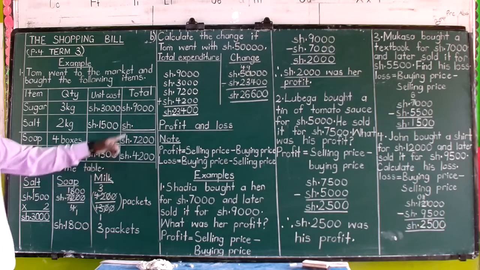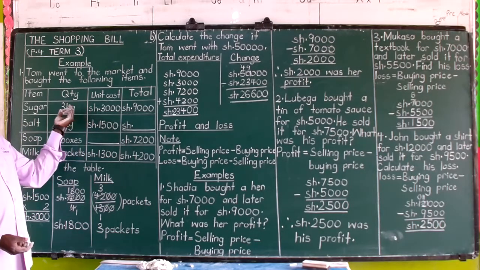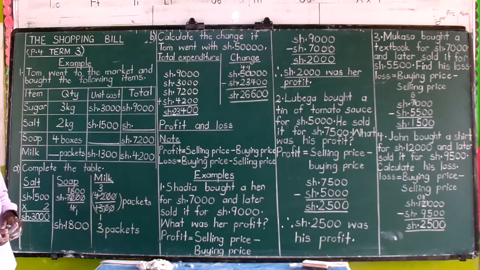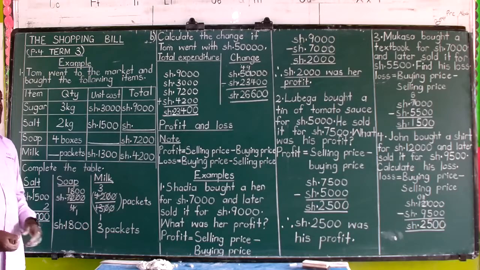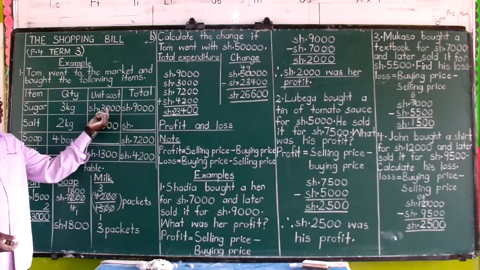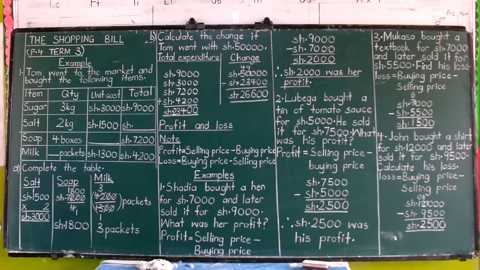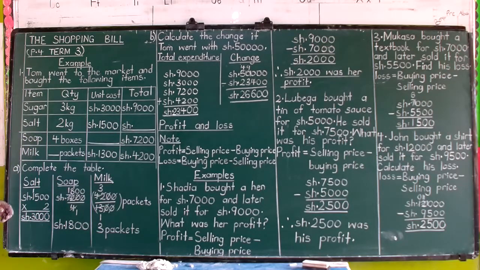One reaches the 9,000 when one multiplies the 3 by 3,000. So 3 times 3 is a 9 and then 3 zeros. So that is a 9,000 shilling payment for the item sugar, because he bought 3 kilograms of the same sugar each at 3,000 shillings.